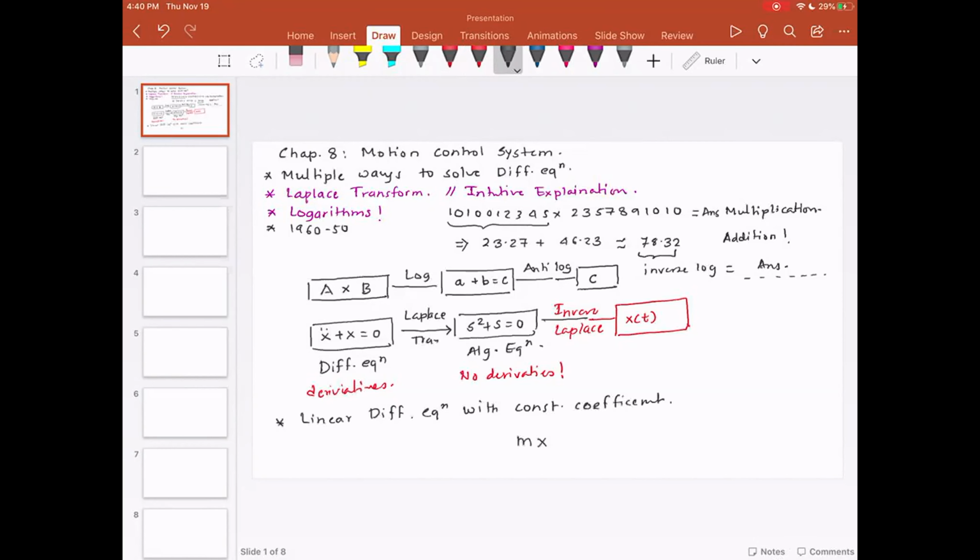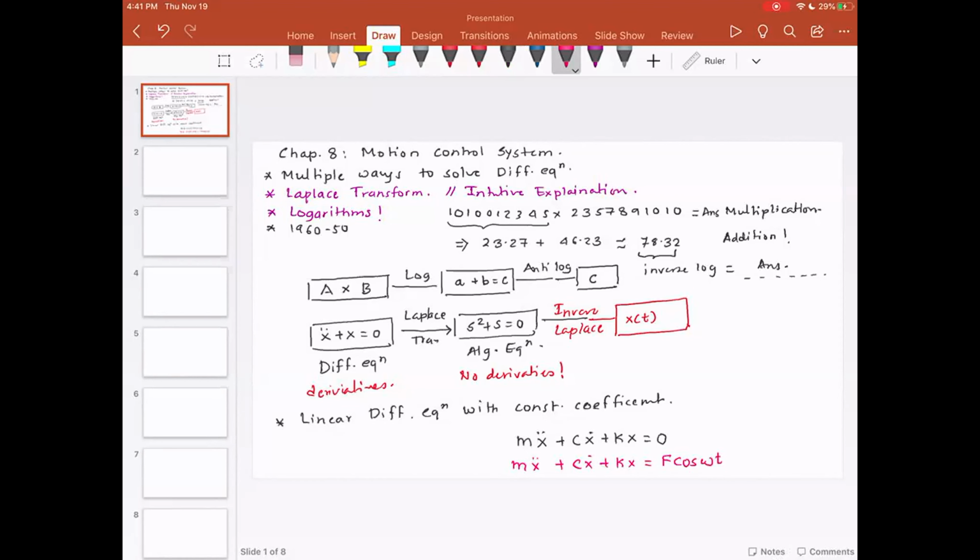Last time we looked at the equation m x double dot plus c x dot plus k x is equal to 0. So this is the equation when on the right hand side it does not have any external forcing. Or maybe you have an equation m x double dot plus c x dot plus k x is equal to say f cosine omega t.